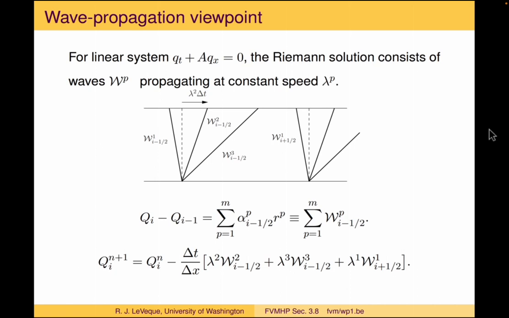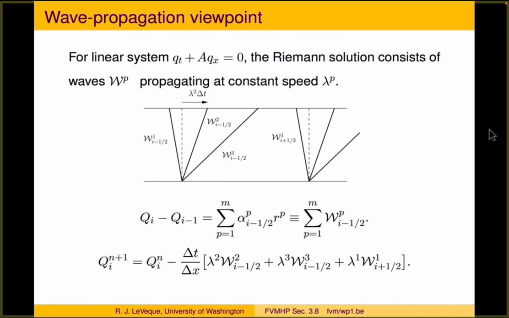So here's just a schematic for a linear system of 3 equations where there's 1 negative eigenvalue and 2 positive eigenvalues. So in general, we would take the jump between qi and qi minus 1, between this cell and its neighbor to the left, for example, and we would break up that jump as a linear combination of the 3 eigenvectors of the matrix A, if it's a 3 by 3 system, and that's what we would call the 3 waves, p going from 1 up to 3 in that case.